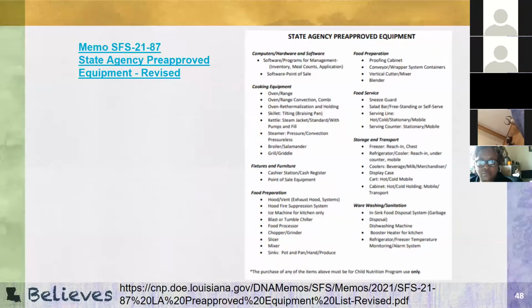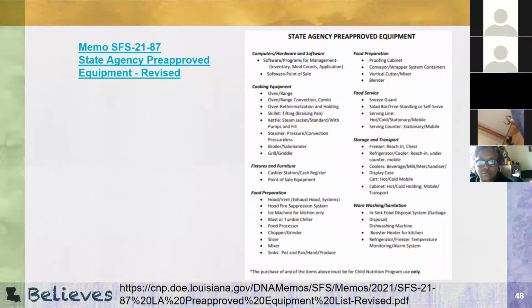Recently, the state agency submitted additional equipment items for USDA to approve as part of the state agency pre-approved equipment list. This slide shows the latest equipment items approved by USDA, but be aware that this list is subject to change and the most current list must be used for pre-approval of purchases.